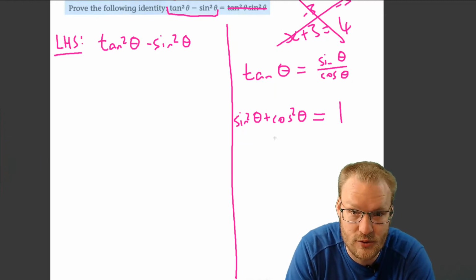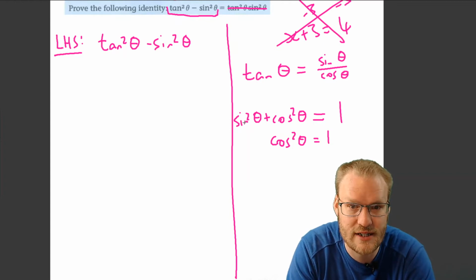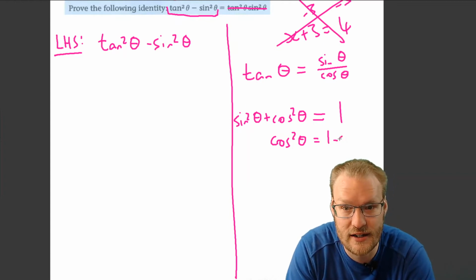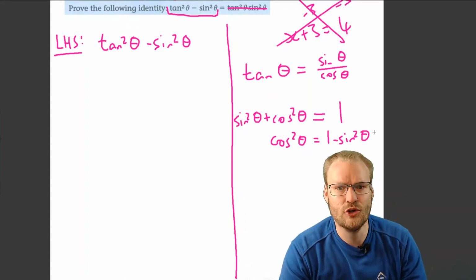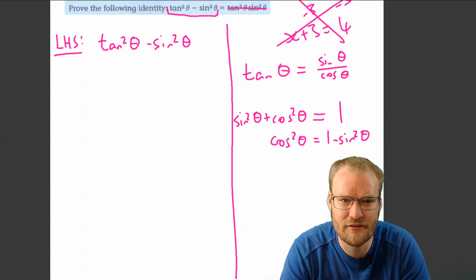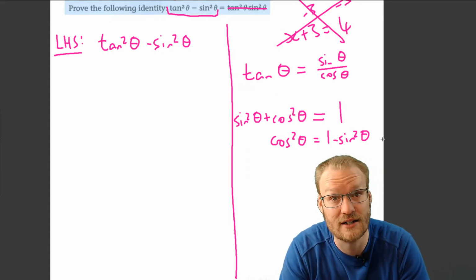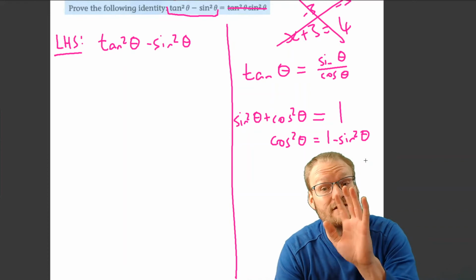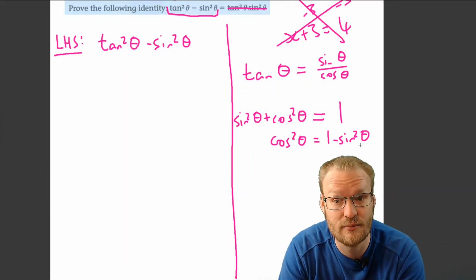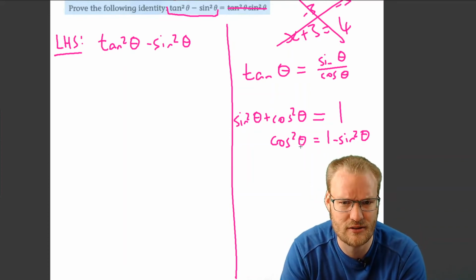We'd just be left with cos squared theta equals 1, and we said if we subtract it from the left, let's subtract it from the right hand side. So it's not a new identity, but it's a useful one. So if ever you see cos squared theta, we can replace it with 1 minus sine squared theta, or vice versa. We could replace 1 minus sine squared theta with cos squared theta.